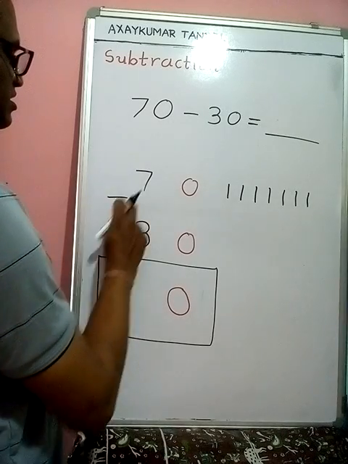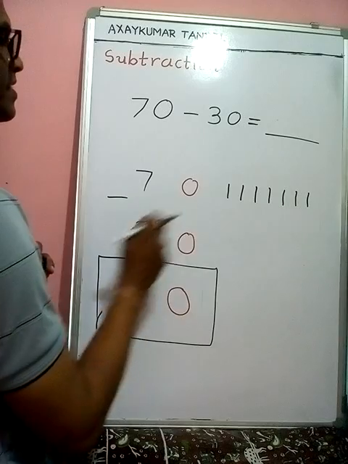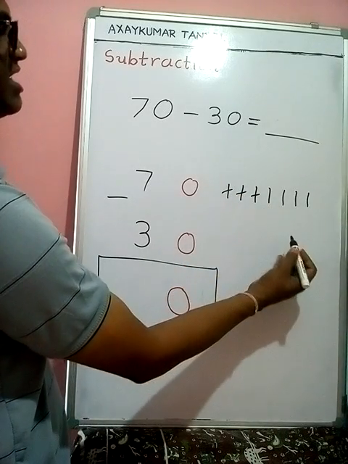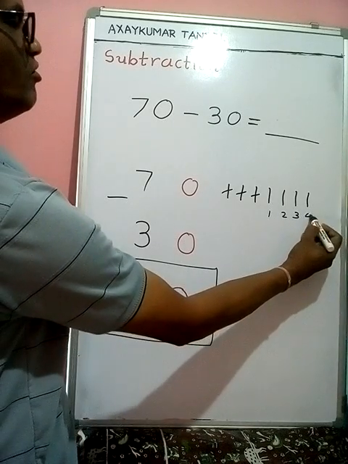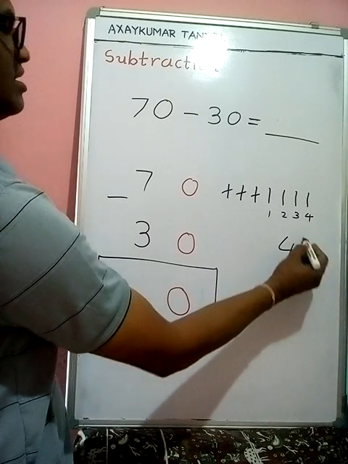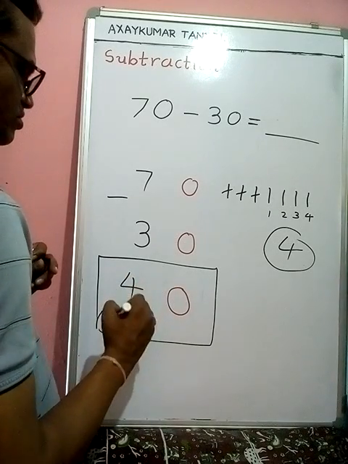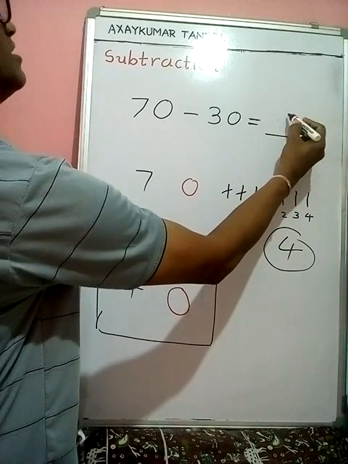Cutting. Chappu. Churi. How many cutting? 3. 1, 2, 3. How many saving? 1, 2, 3, 4. 4 saving. We write here 4. Our answer is 40.